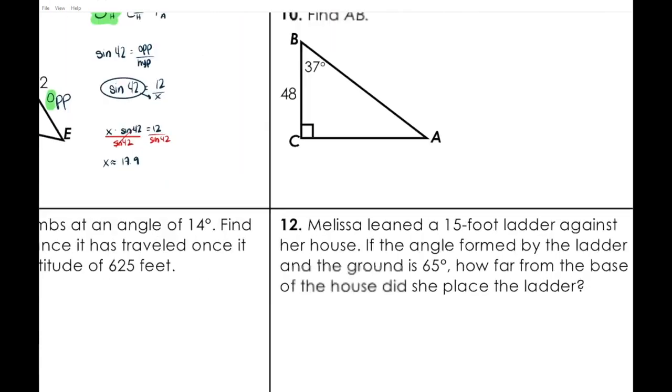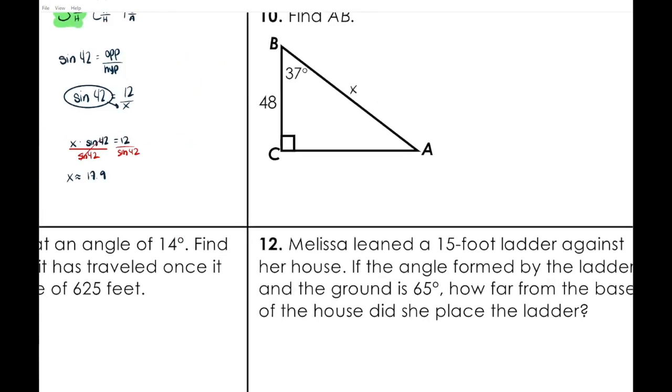Okay. Find AB, that's x again. Identify what they give us based on the problem. So 37, we have 48, which is adjacent. And then across from the 90 is the hypotenuse.